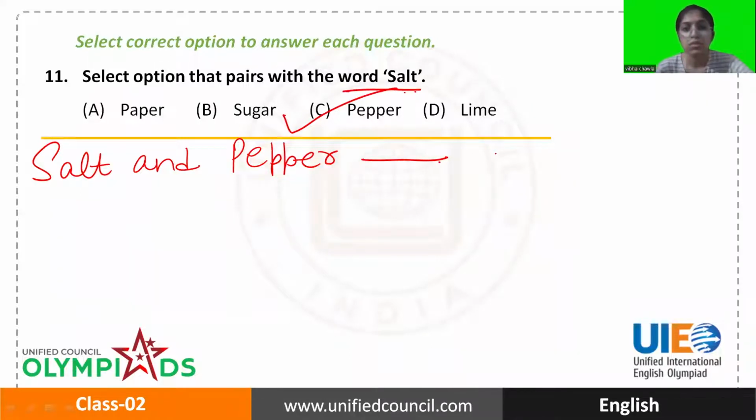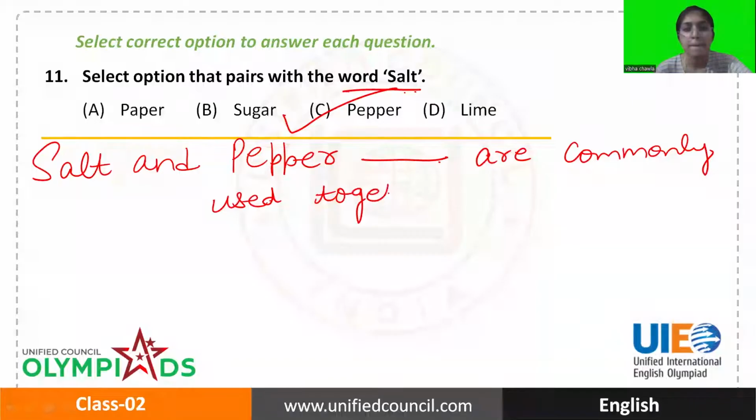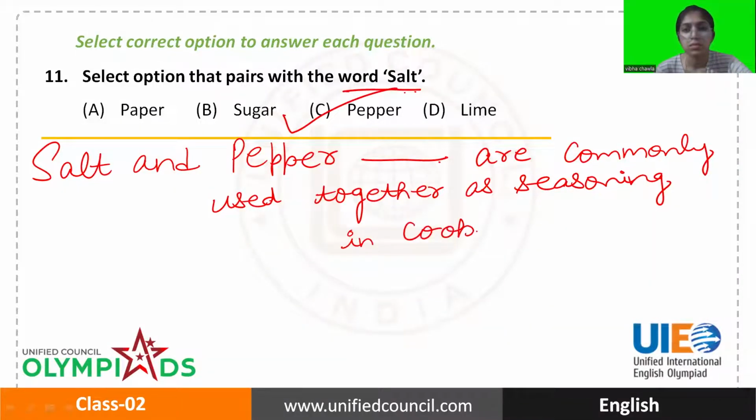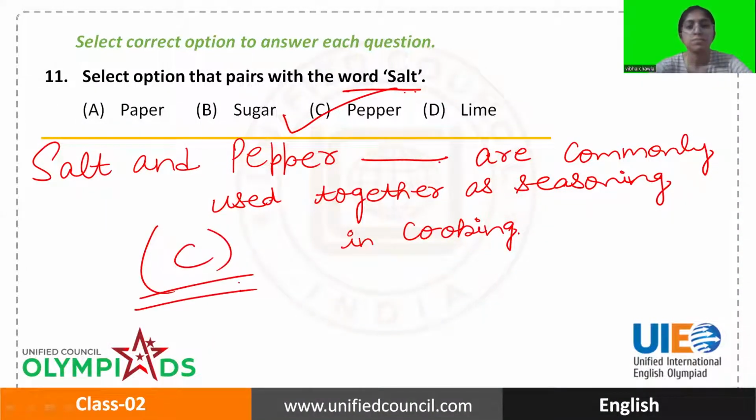So salt and pepper are commonly used together as seasoning in cooking. So it is option C, salt and pepper. These are the condiments used for seasoning in cooking.